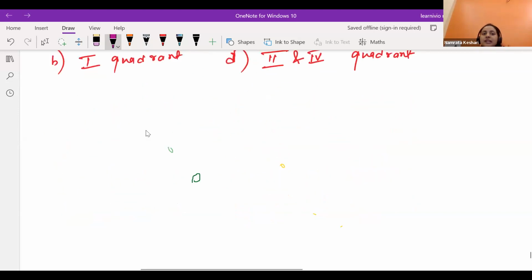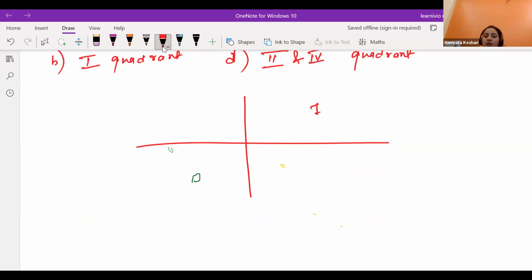If you want to check, let's check it. If we have this coordinate axis, this is first quadrant, this is second quadrant, this is third quadrant, and this is fourth quadrant. In the second quadrant, whatever point you take, x coordinate will be negative and y will be positive.